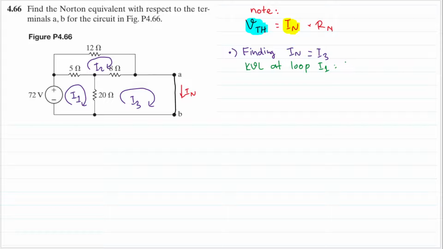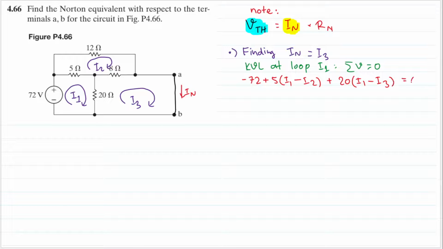KVL says that the sum of the voltage in a loop will equal 0. So we will have minus 72 plus 5 multiplied by I1. But I2 is flowing in the opposite direction, so minus I2. And then plus 20 multiplied by I1, but I3 is flowing in the opposite direction.